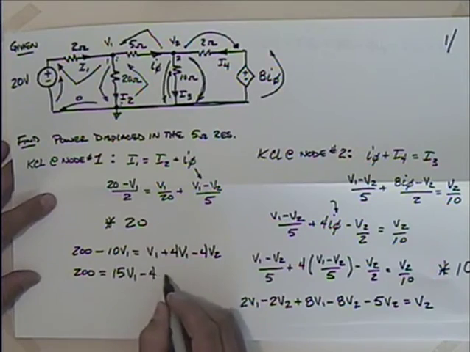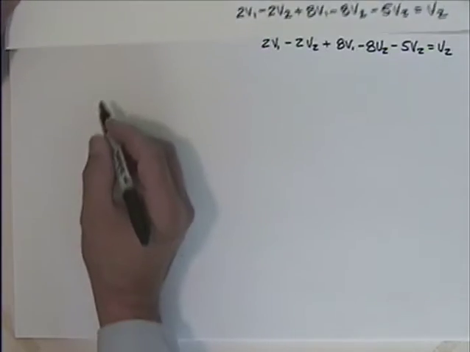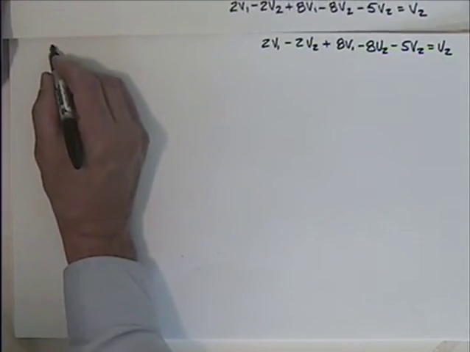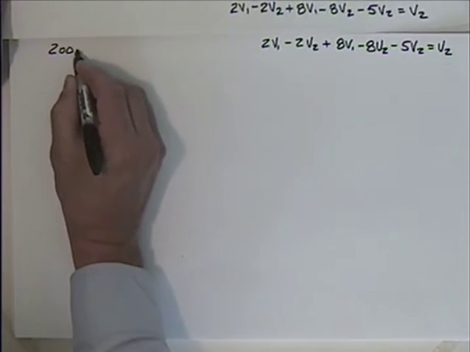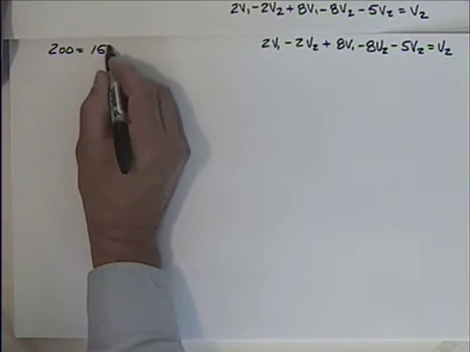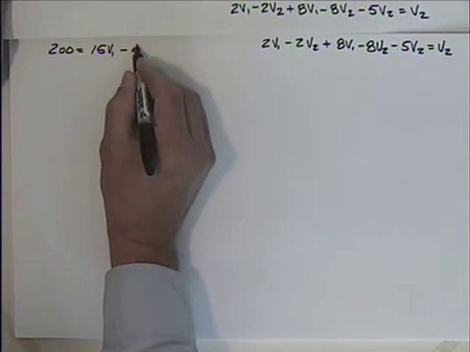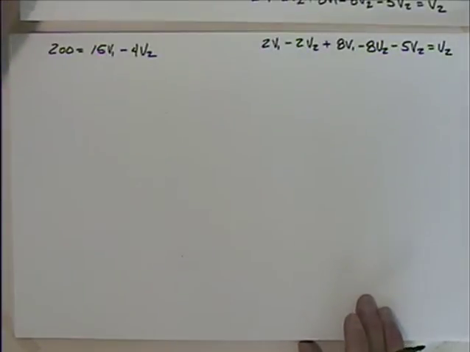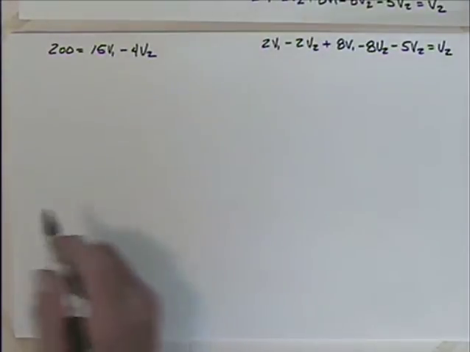Minus 4v2. So I could write that up here as 200 is equal to 15v1 minus 4v2. So I've simplified those equations and reproduced those on the paper.